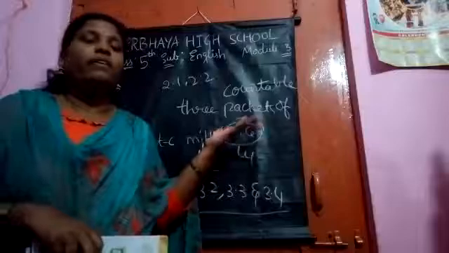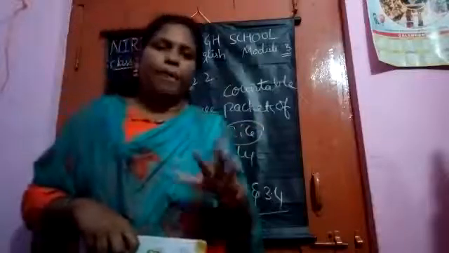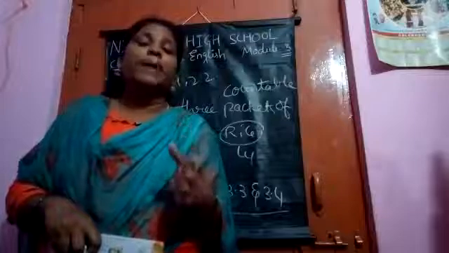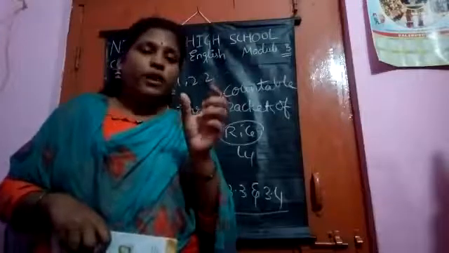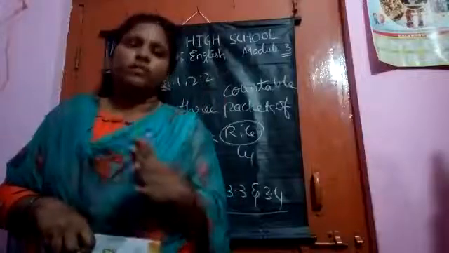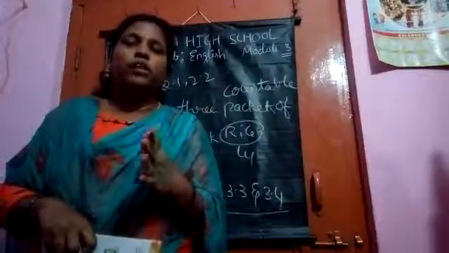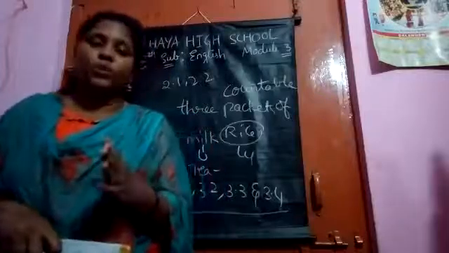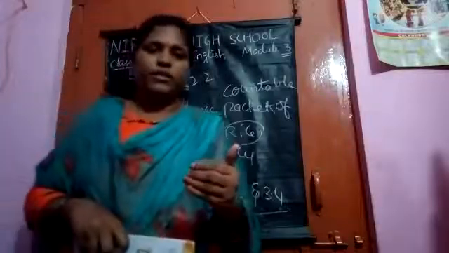Today we have done our vocabulary part and grammar part. Children, in vocabulary, what have we done? We have learned suffix. A group of letters added to another word at the end of the word changes it and it becomes a new word. That is called a suffix.